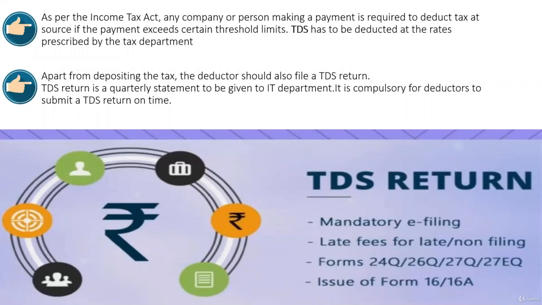If a deductor does not submit the TDS quarterly returns on time, then the government imposes late fees or non-filing fees on that deductor. You can furnish your returns in the form of 24Q, 26Q, 27Q.